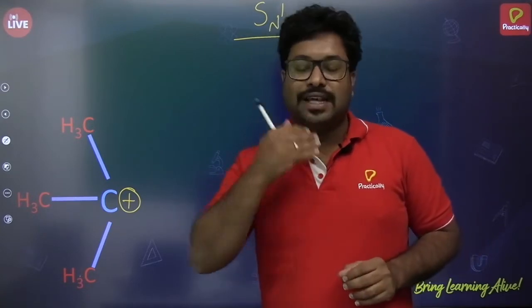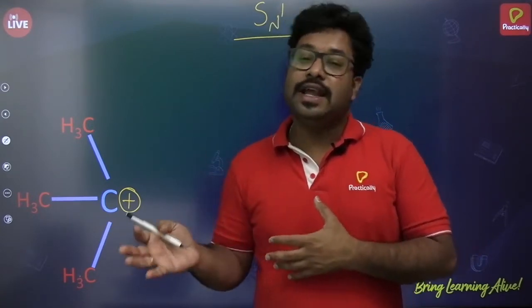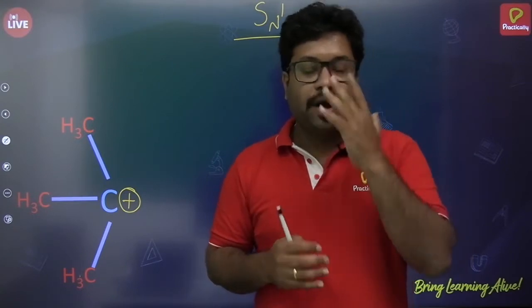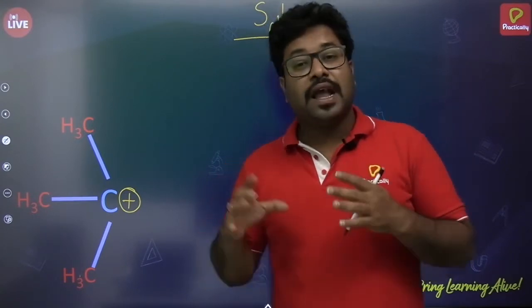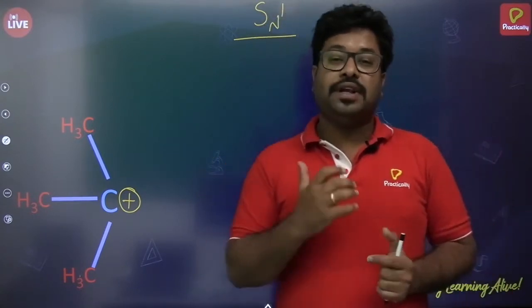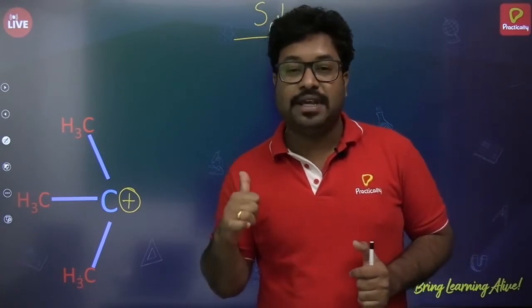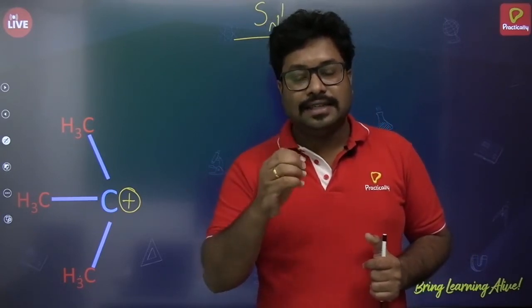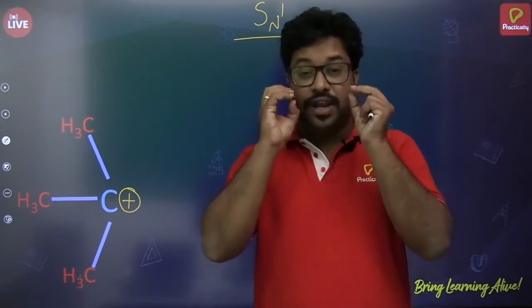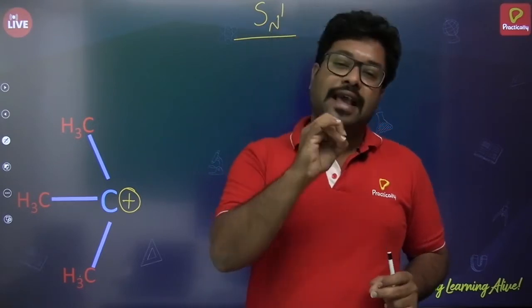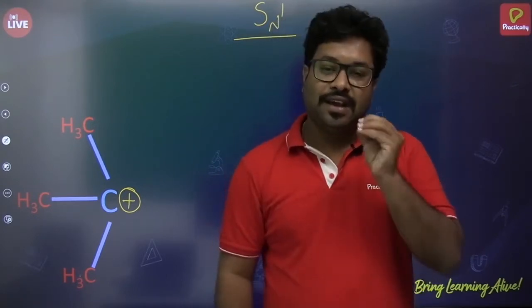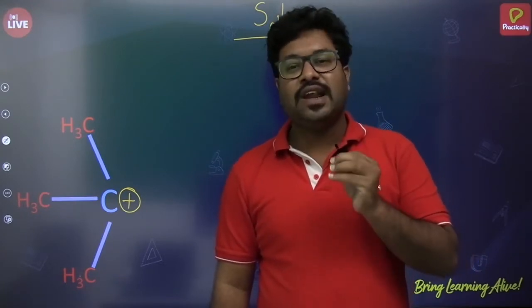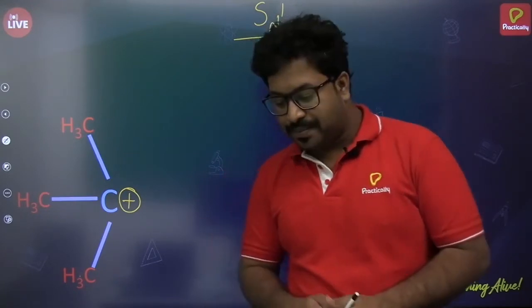As soon as that bond gets broken, then the nucleophile would attack. But as I told you, the breaking of bond between carbon and chlorine is the slowest step in this reaction mechanism. Since it's the slowest step, the rate will be decided only and only by the substrate.